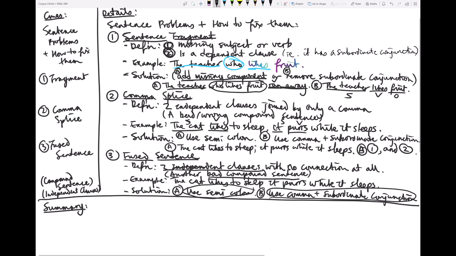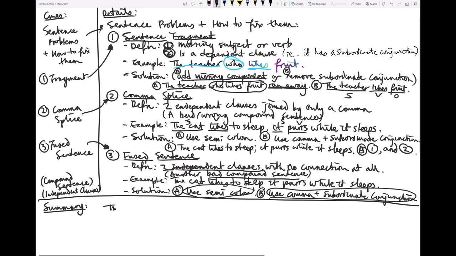Okay, and so these cues again should help you recall and think about and use the details, in this case sentence problems and how to fix them.